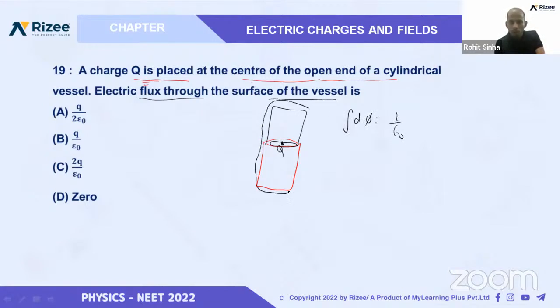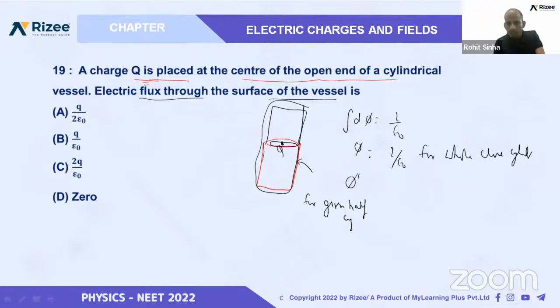But in our question, it is given only for this red one, the half cylinder. So for the given half cylinder, it will be q by epsilon naught with a factor of 1 by 2 divided, and this will be the answer.